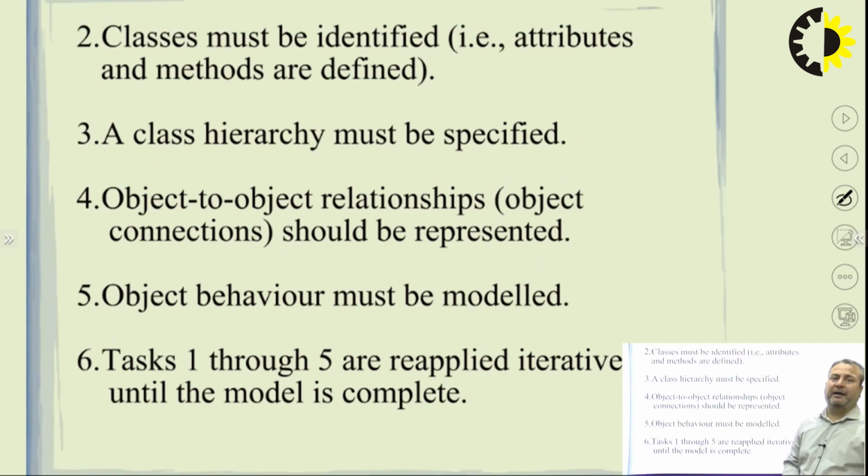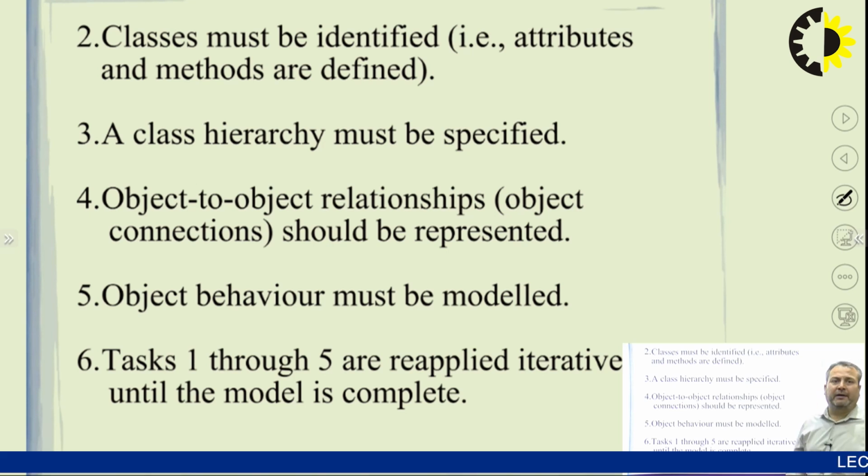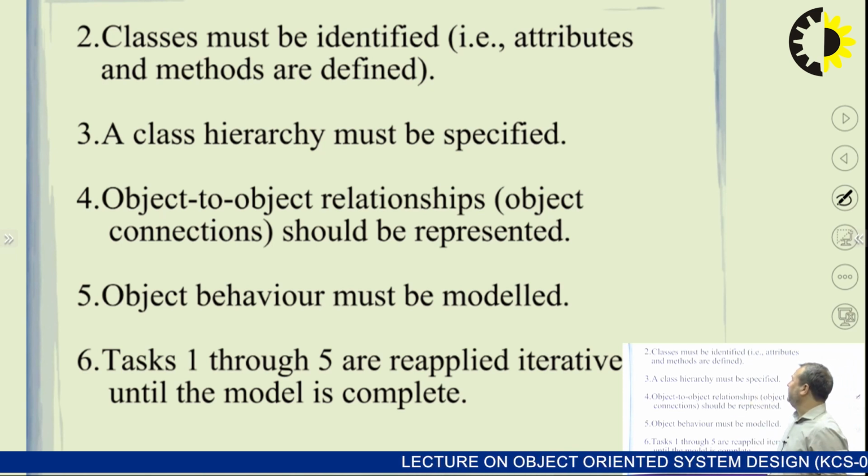Classes must be identified. A class is basically a collection of the same type of objects. An object is what? Suppose a student: student is a class, and a particular student, any student, will be the object. Classes must be defined, that is, attributes and methods.